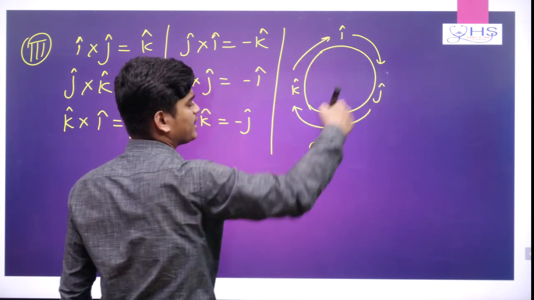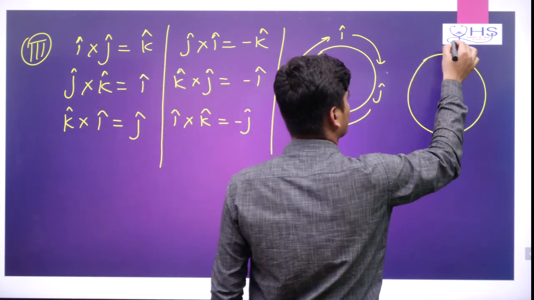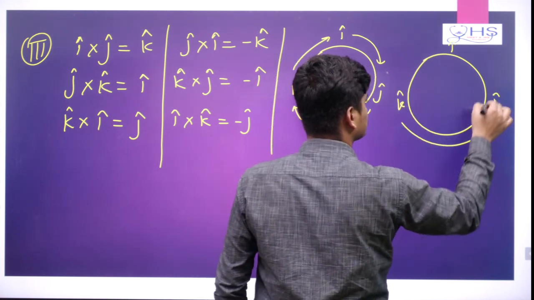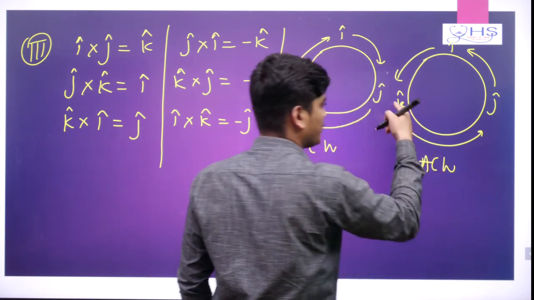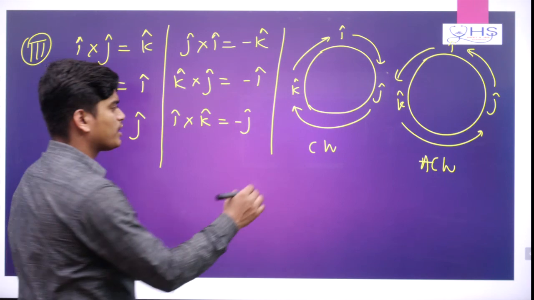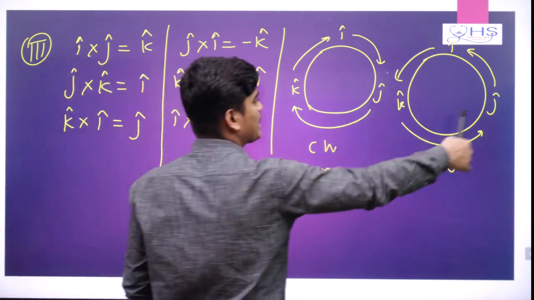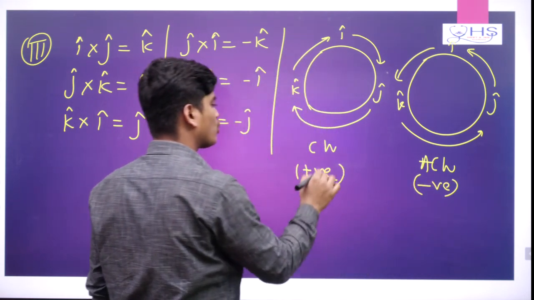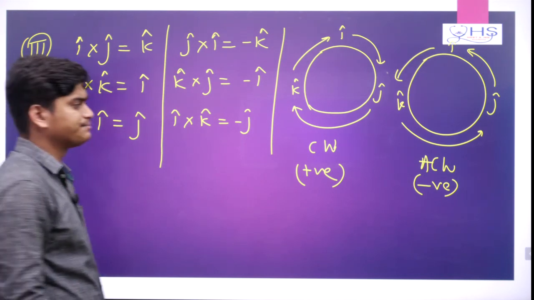Now take anti-clockwise: if you do k cross j, then you will get minus i. So for clockwise you are getting positive, but k cross j is minus i. That means going anti-clockwise, you get a negative sign. So remember this: clockwise positive, anti-clockwise negative. Okay, for the cross product you remember this.